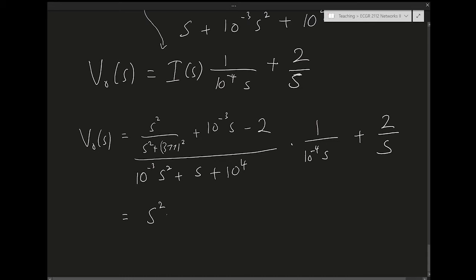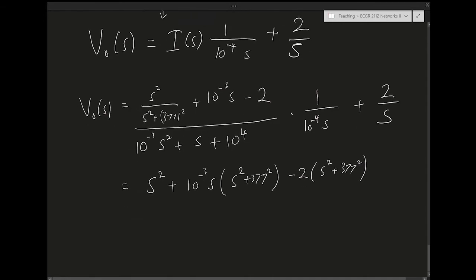So I end up with s squared plus 10 to the minus 3 s, s squared plus 377 squared, minus 2 s squared plus 377 squared.